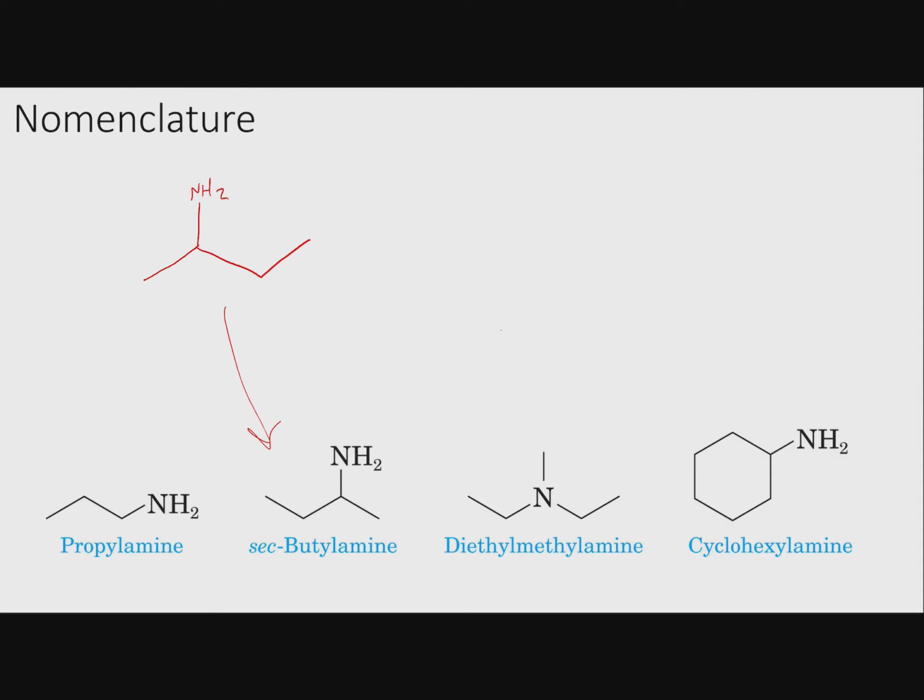I think I just drew this guy, but backwards. Sec-butylamine. So here we're just looking at some common names. And actually common names for amines are really nice because you can just say the groups that are on the amine and then the word amine. So for example, in this guy, it's an ethyl and an ethyl, so we can just say diethyl. Actually, there's a methyl as well. Diethyl methyl amine. Here's another one.